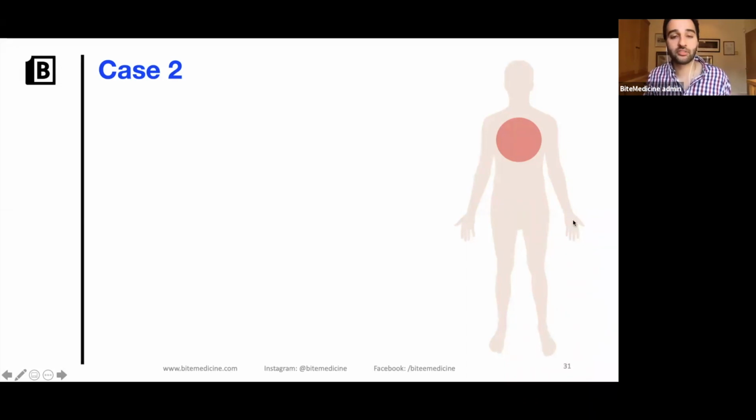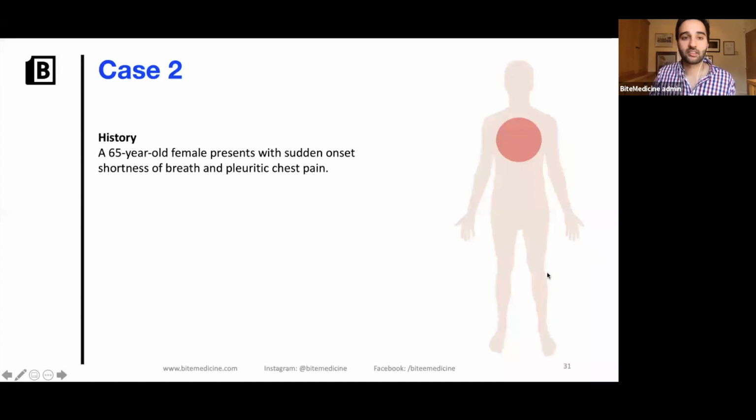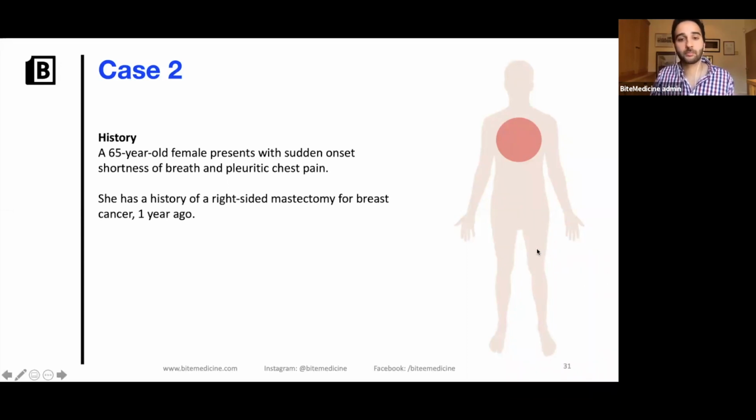So let's move on to pulmonary embolism. History: a 65-year-old female presents with sudden onset shortness of breath and pleuritic chest pain, remarkably similar to our last case. She has a history of a right-sided mastectomy for breast cancer 1 year ago.